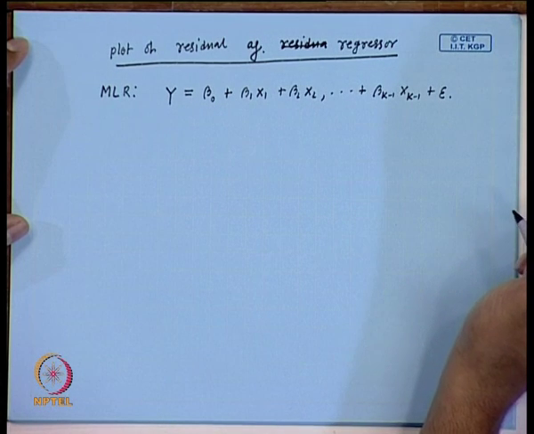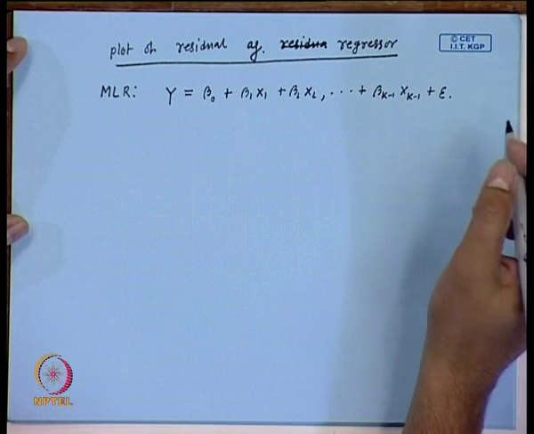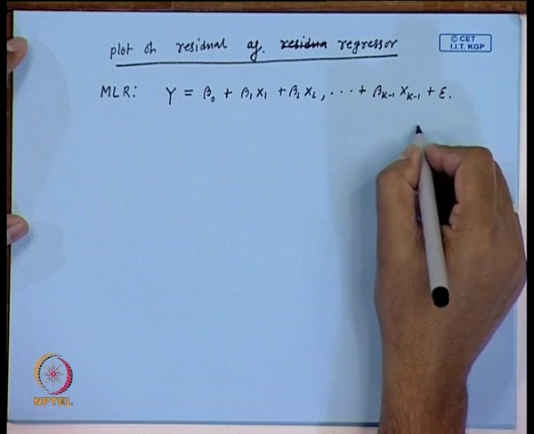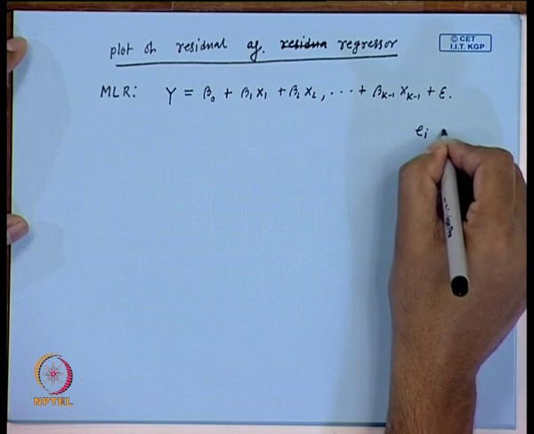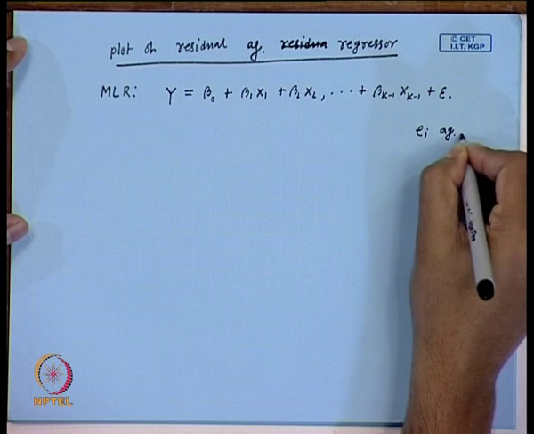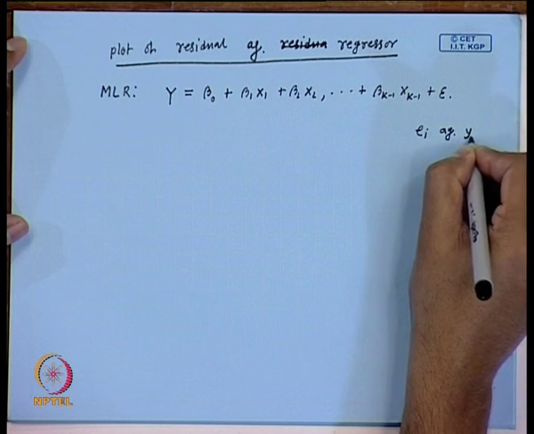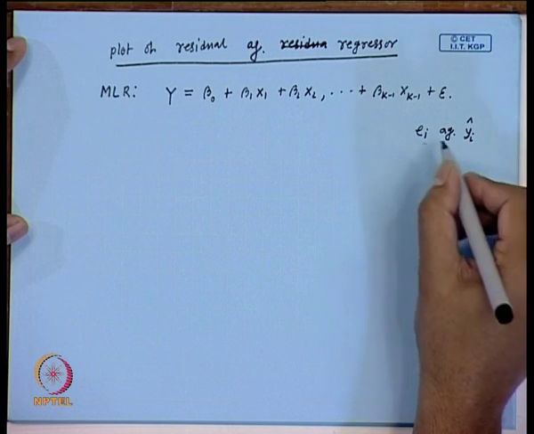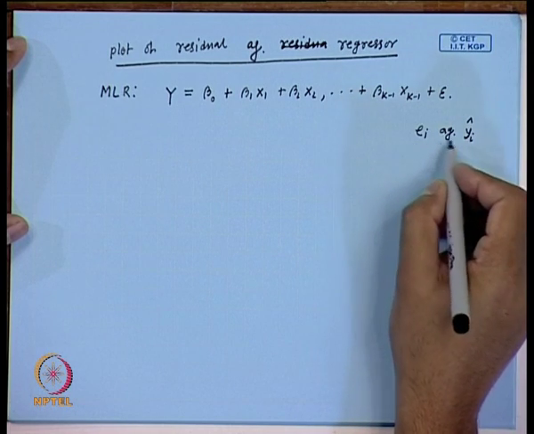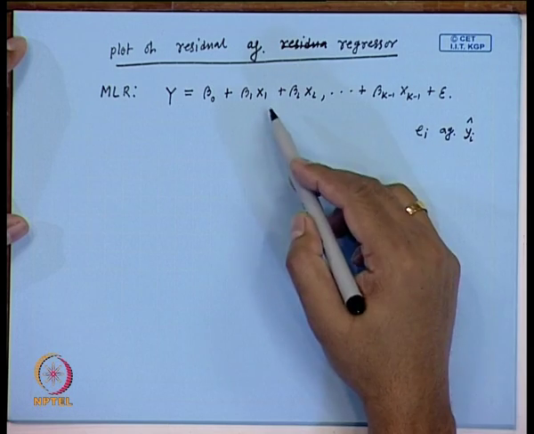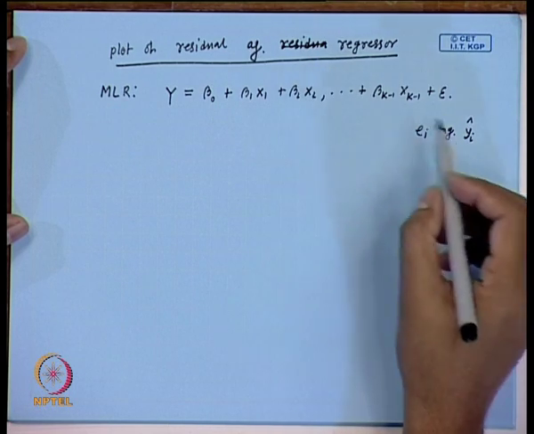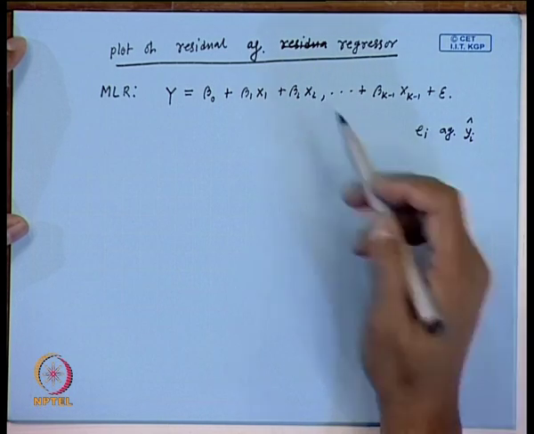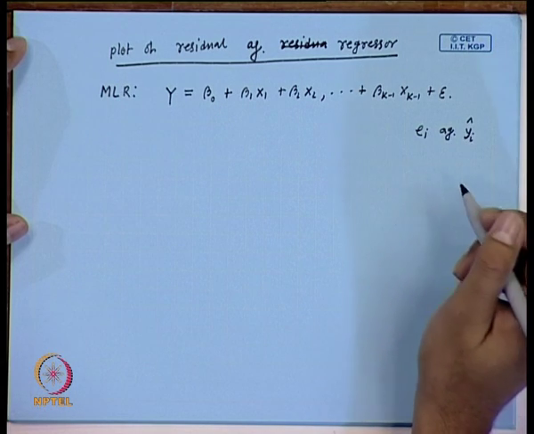Like the residual against yi hat plot, here we will be plotting the residual against the regressor x1 and then again residual against x2, like that.